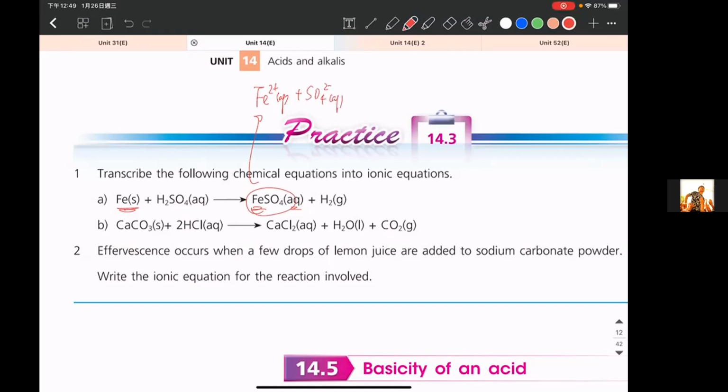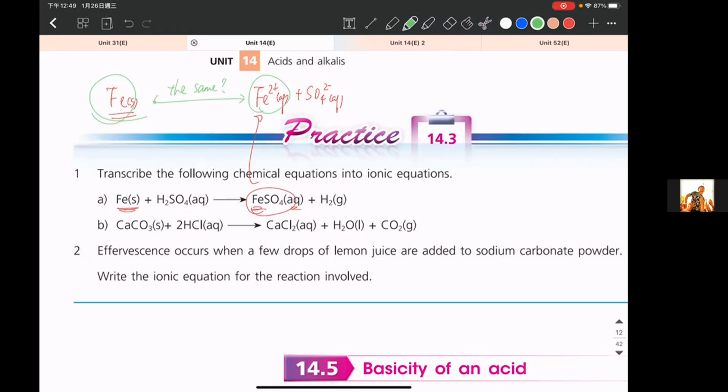Now only those which are AQ can be split. My question is, Fe solid and Fe2+ AQ, are they the same?